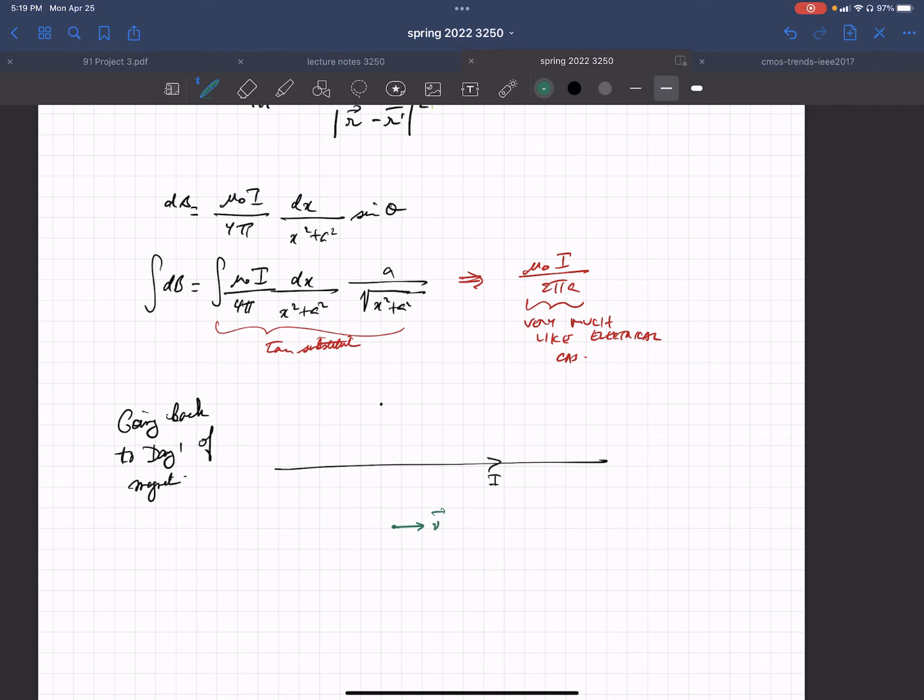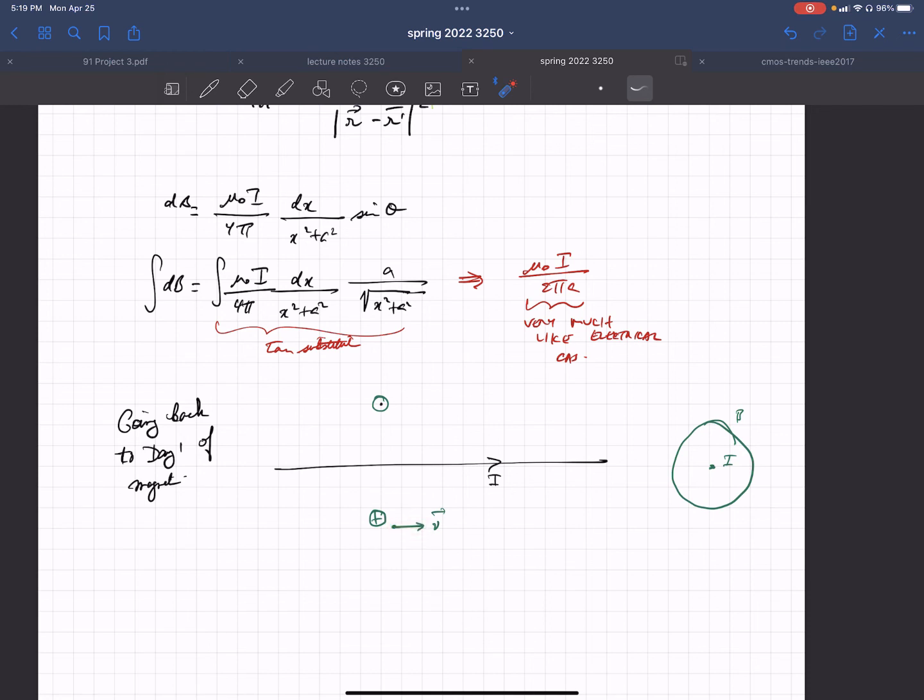We get a magnetic field that, if the current's going in that direction, up here is coming out of the board. So in a circular way, if I look at this across, the magnetic field is going to look like this around the wire, going into the board over here and coming out of the board there.